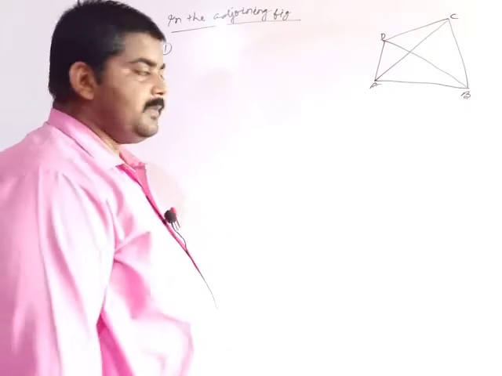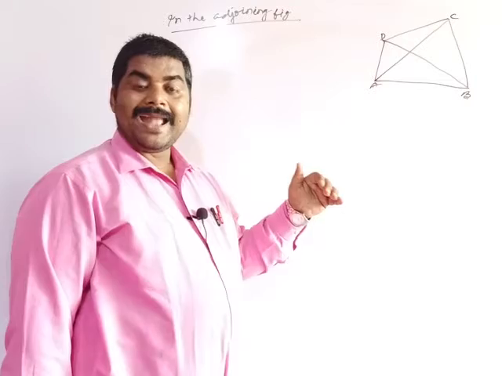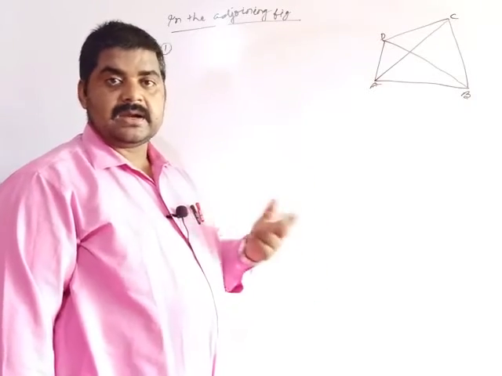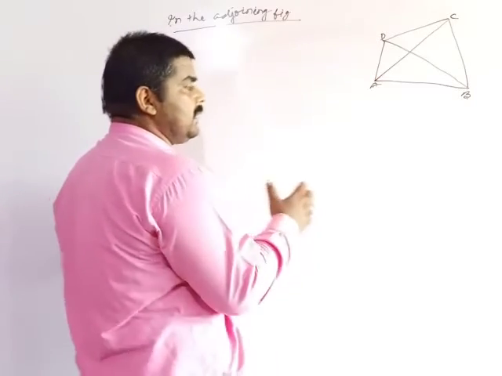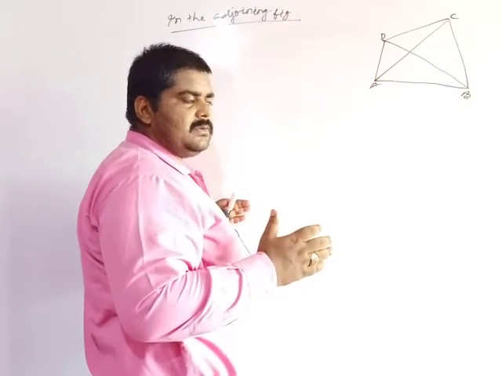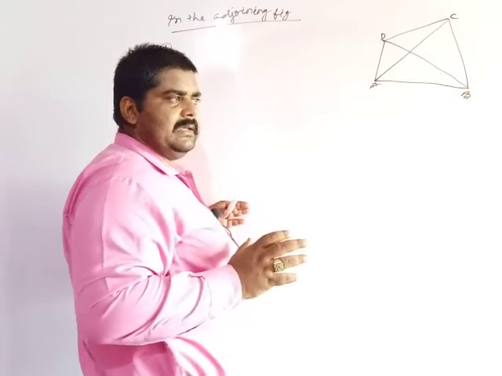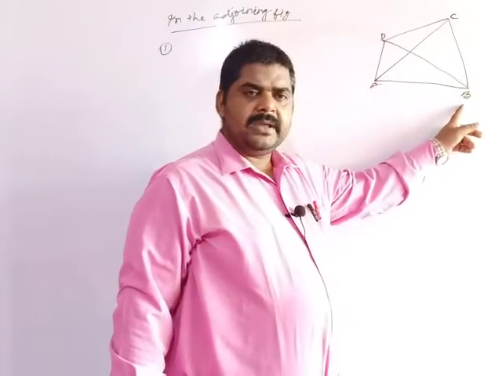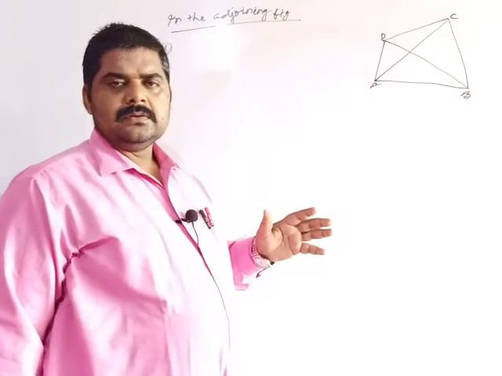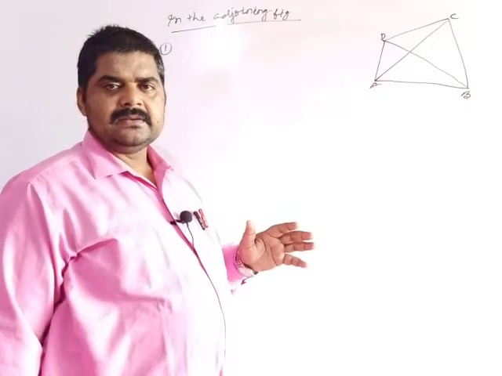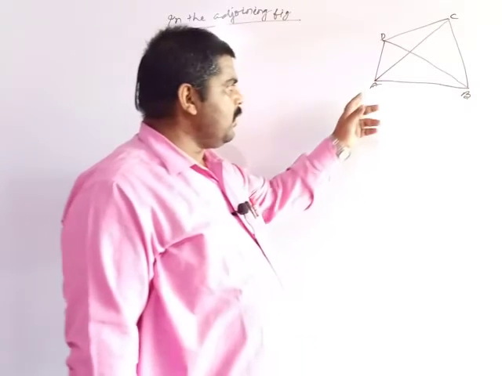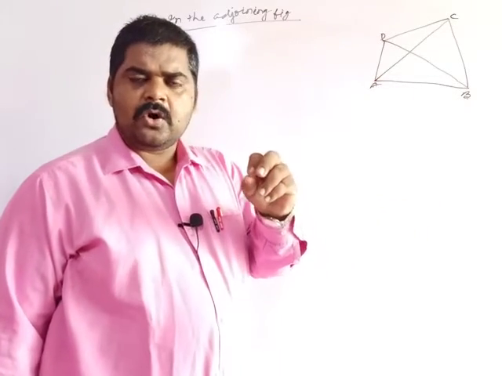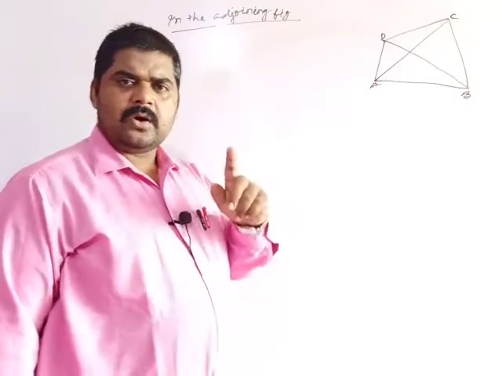The third question has been given: pairs of adjacent angles, and then pairs of opposite angles. These are the third and fourth questions. My dear, which angles are known as a pair of adjacent angles? Actually, angle A and angle B are known as a pair of adjacent angles because both have a common arm.